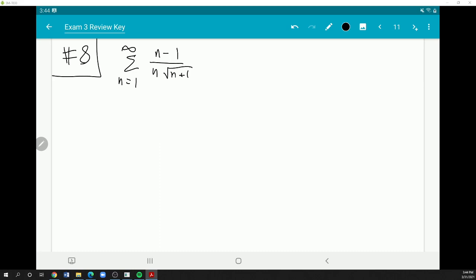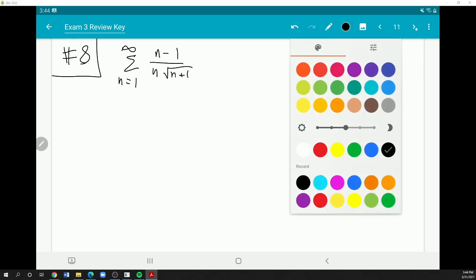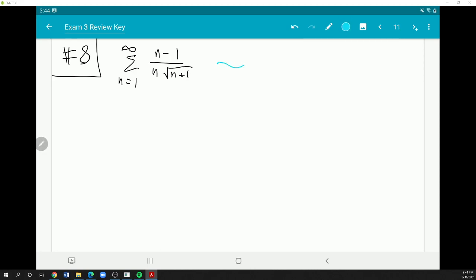And so the entire thing that you should be thinking when you see a series like this is, okay, there's some function that this should look like. When I close my eyes and think of n being really big, the minus 1 on top really isn't doing much. Similarly, the plus 1 isn't really doing much in the square root.